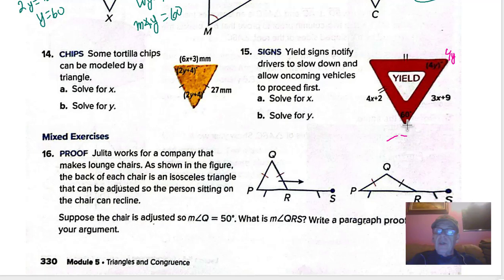So this is a 60. So these two sides are marked as congruent. Angles opposite congruent sides are congruent. So this 4y angle has to be congruent to the 60 angle. Since the 60 is opposite this one double marked side here at the top, and 4y is opposite this double marked side here on the left, 4y must be equal to 60, which means that y must be 15.